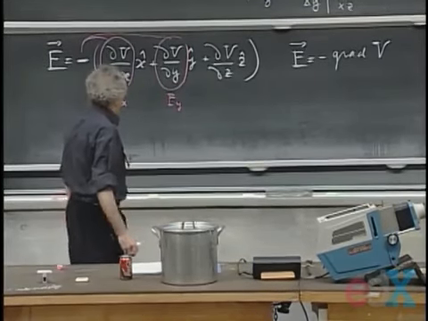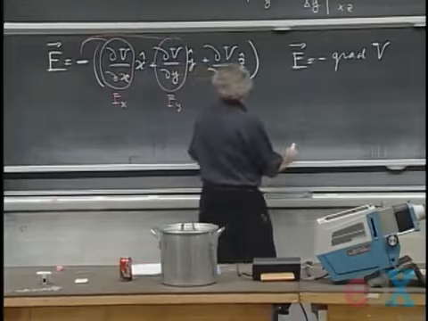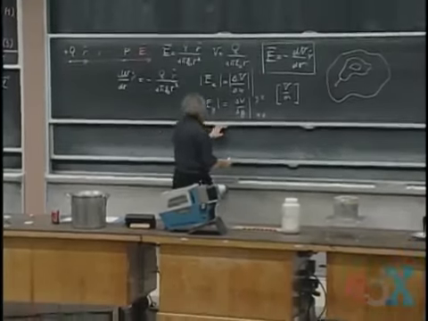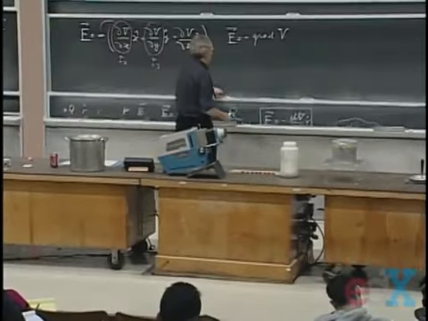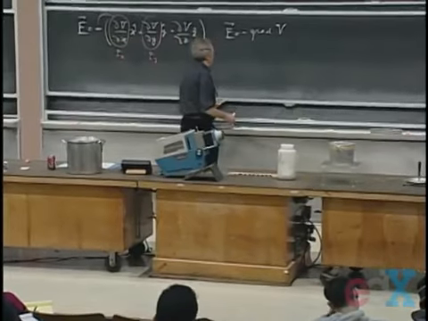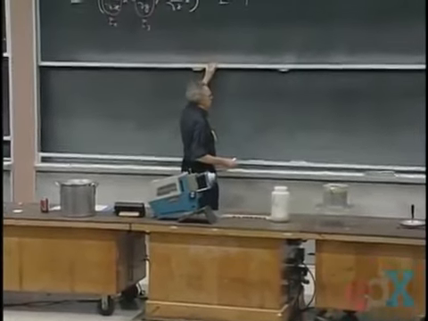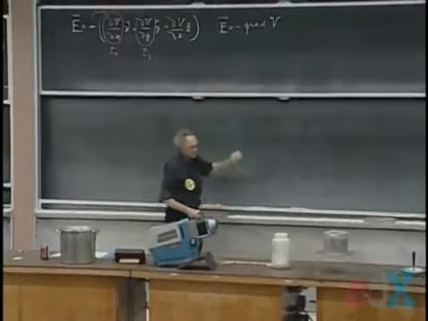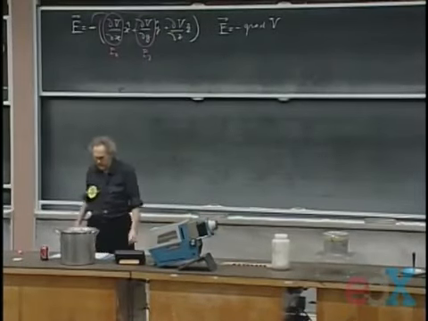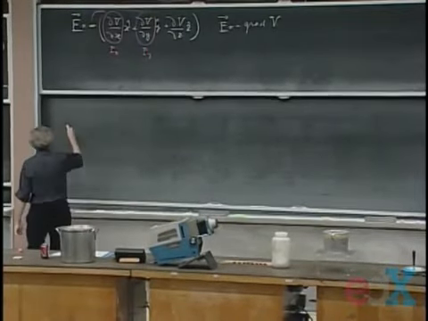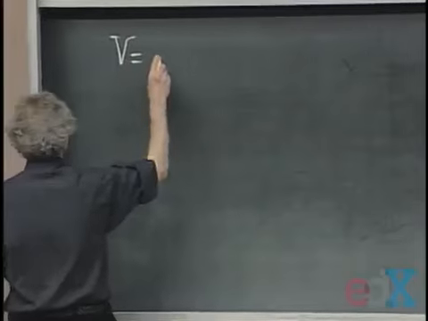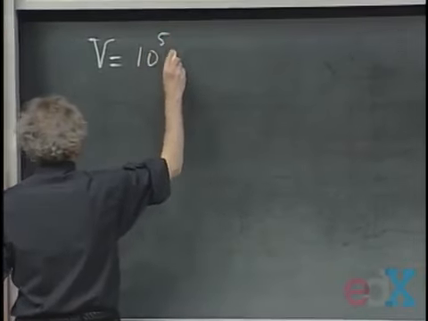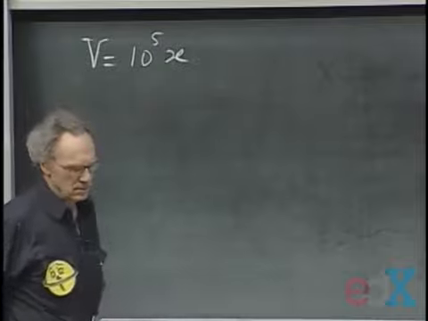So I now want a straightforward example whereby we assume a certain dependence on x, and I give you, it's a given, that V, the potential, is 10 to the 5th times x.